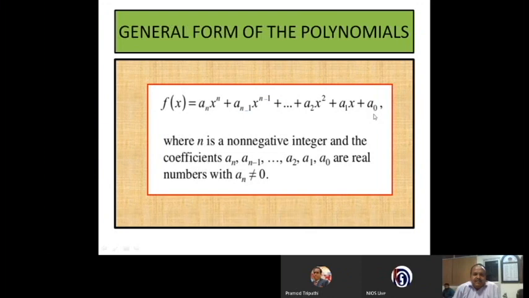And the coefficients a_(n-1) and so on up to a_0 are all real numbers, except that a_n, the leading term, where the coefficient of the leading term should not be equal to 0. The important thing is x raised to the power n, where n must be a whole number or a non-negative integer.